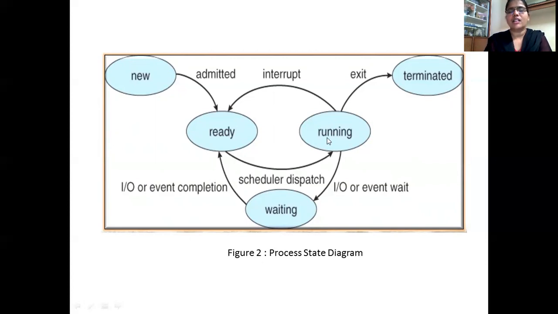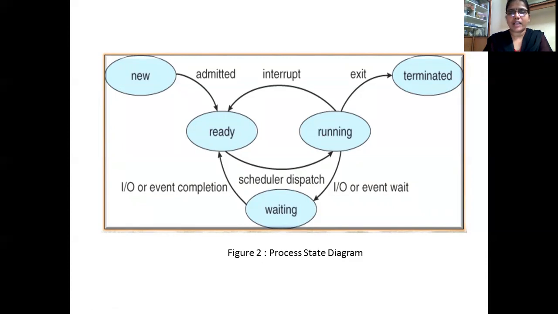And similarly, a process that is running can be brought into the waiting state, where a process waits for an event to occur. For example, assume that a process is waiting for the printer and printer is not available. So it will be in the waiting state until the printer is available for its execution.